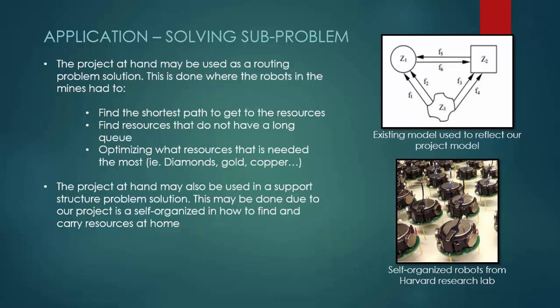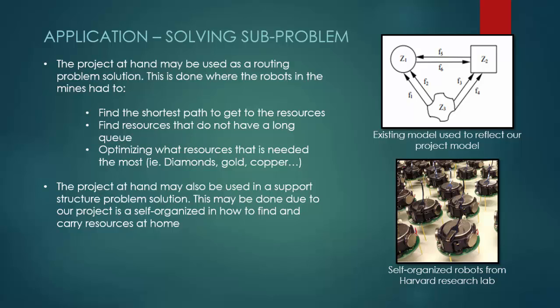And as she showed you with the model and the simulation, we have 3 different blocks to get to, which can be divided into the diamond, gold, and copper, and all of that. And through that, the robots are trying to find the shortest path around the block to get to the resources that we want.